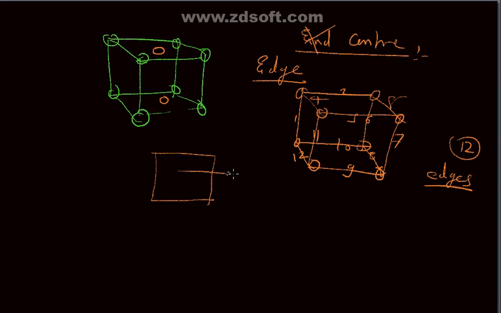So this is the cube. Atoms are present at the corner. Okay, let's draw a different one, otherwise you may get confused.